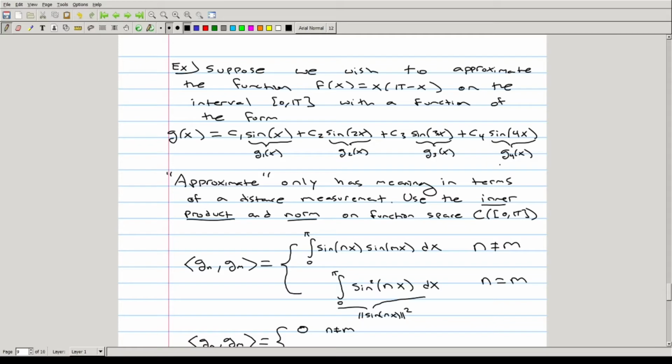And what's a very, very, very powerful idea here is to think of what a projection looks like. To find our approximation of f with this function g of x, we're going to be using the idea of projection from finite dimensional vector spaces that we had from before.